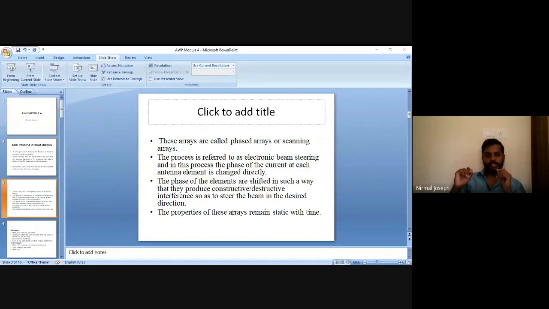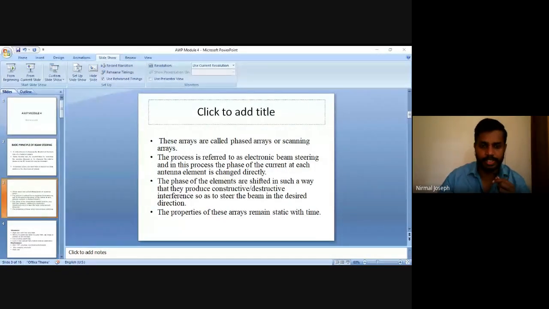Suppose some 10, 15 antenna elements are located in an array, and each element is driven with the same frequency but different phases, all radiating the same signal with some phase difference.